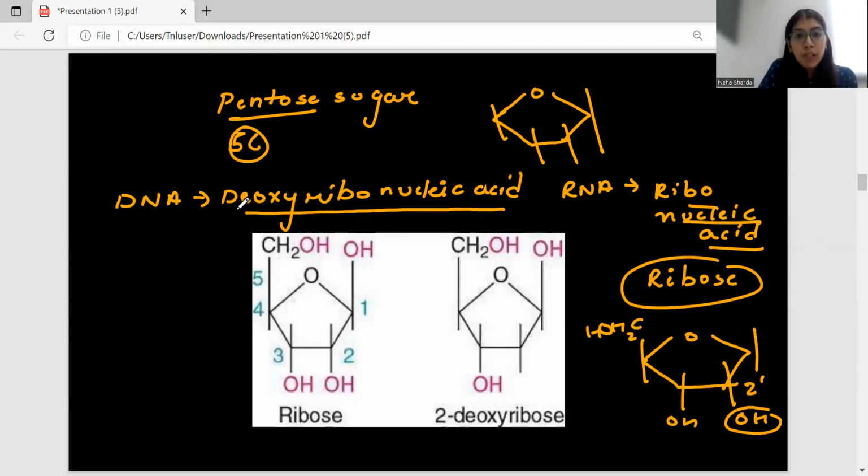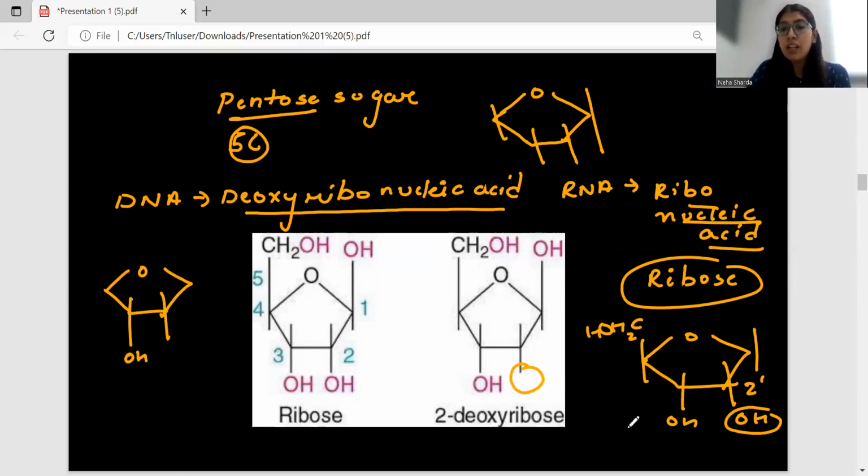And DNA stands for deoxyribonucleic acid. It also has ribose sugar, but the hydroxyl group at 2' is absent in DNA. That's why RNA is much more unstable as compared to DNA.